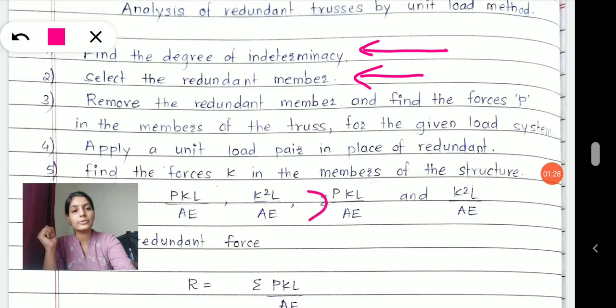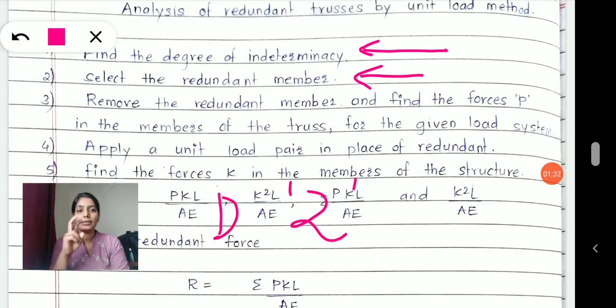Let's suppose you come across a degree of indeterminacy as 2. Then which member or which reaction force has to be selected as a redundant, that you have to choose. The next step is to remove the redundant member and find the force P in the members of the truss for the given load system.